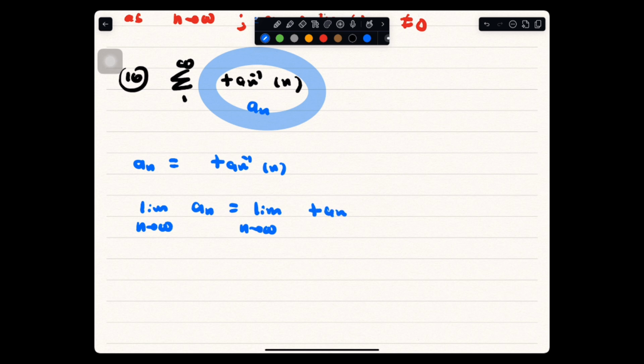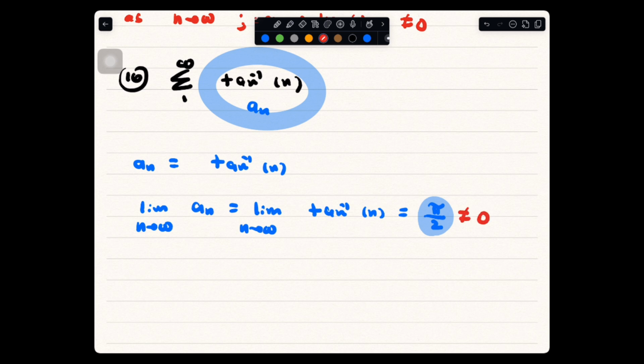Do I happen to know what's the limit of the inverse tangent? Is that pi over 2? Isn't that not equal to 0? So the limit here of an, again, is not 0.